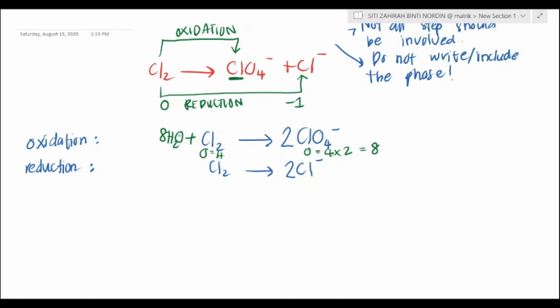So now the reactant has 16 hydrogen, 8 times 2, 16 hydrogen. For this side, do we have hydrogen? No. So we should add 16 hydrogen ion. So now we have balanced number of oxygen and hydrogen for oxidation.